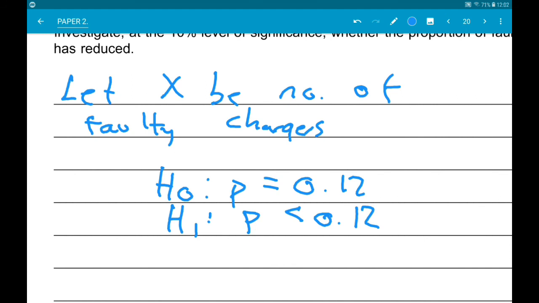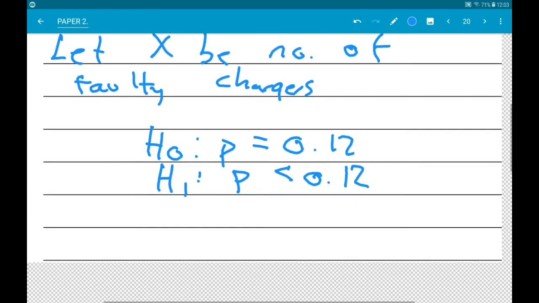Now what we're interested in is, when the proportion of faulty chargers was 0.12, what was the probability that in a sample of 60, 4 or fewer were faulty? So we set up the distribution under H0.